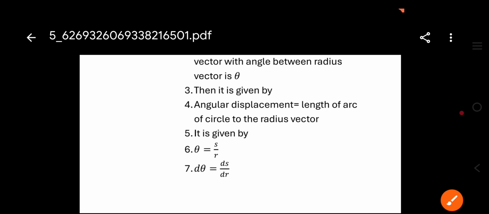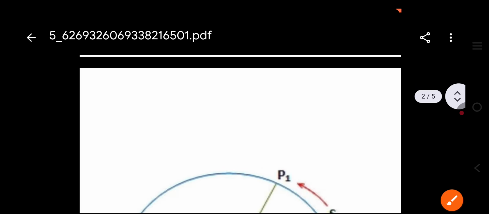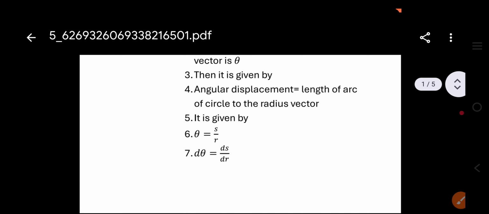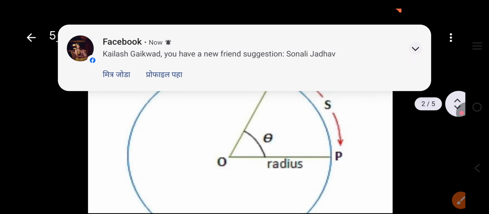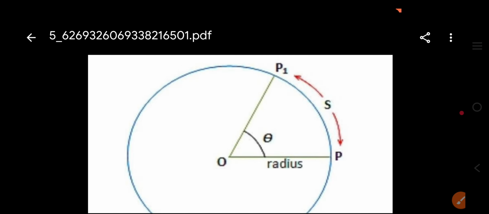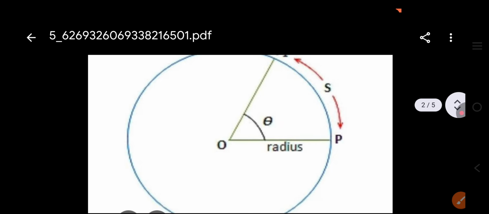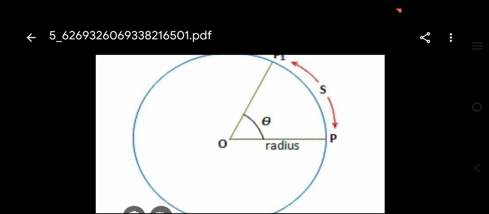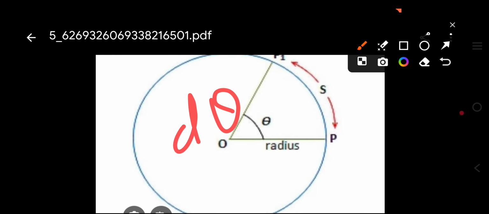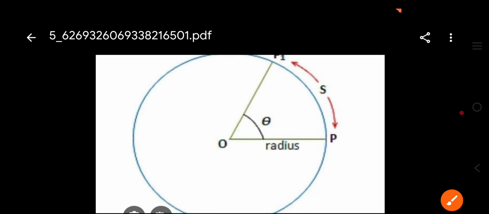Then d theta equal to ds upon dr. This is the angular displacement. In the figure, OP1 and OP are the two radius vectors. Theta is the angle between the two radius vectors. Then theta is angular displacement and d theta is the small angular displacement.